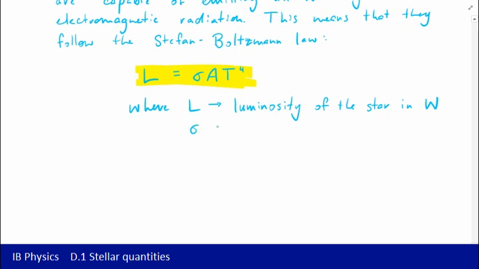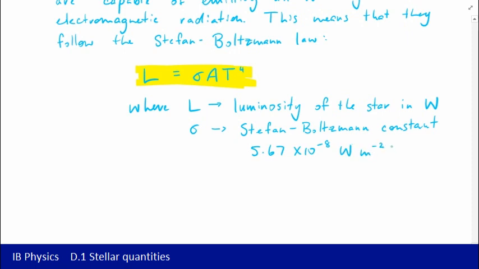Now the value of sigma here is the Stefan-Boltzmann constant, and that has a particular value. Think of it as a constant that is applicable to this particular relationship. It has a value of 5.67 times 10 to the negative 8 watts per square meter per Kelvin to the power of 4.